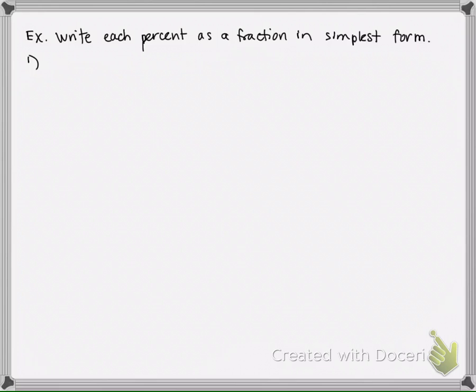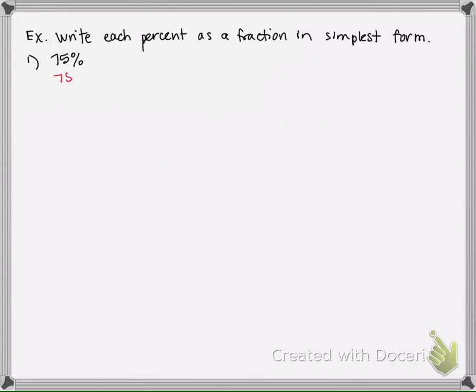The directions say write each percent as a fraction, and again, they don't need to say this, but in simplest form. Reminder, you need to reduce. So we have 75%. This one's super cinchy.